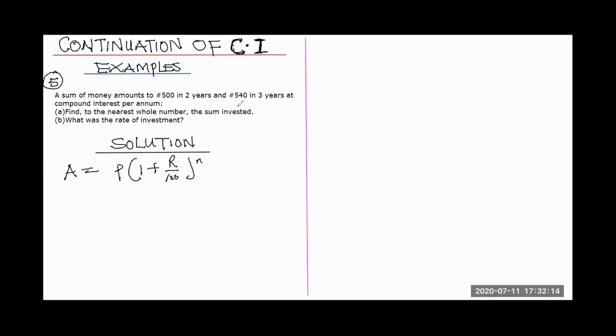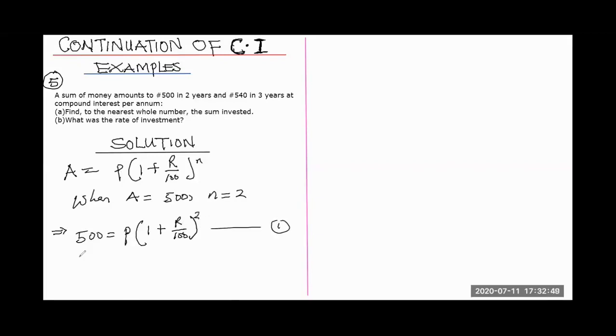And of course, when you insert your A equals 540 and your n equals 3, you now have the second equation in P and R. Then you can combine them together. So that's how we know it's going to be simultaneous equations. So when our A is equal to 500 and our n is equal to 2, we put them into this formula. We have 500 equals P, 1 plus R divided by 100, raised to the power 2, equation 1.